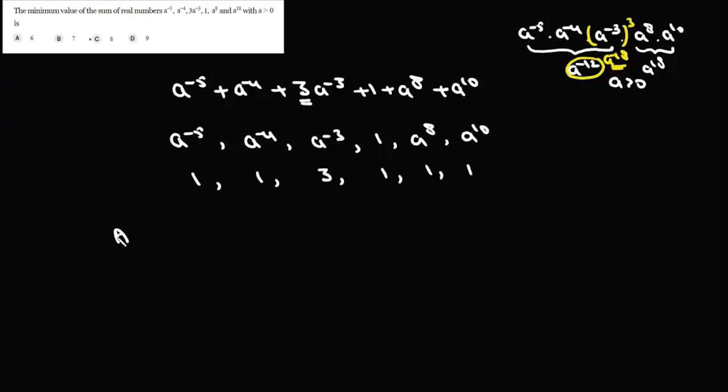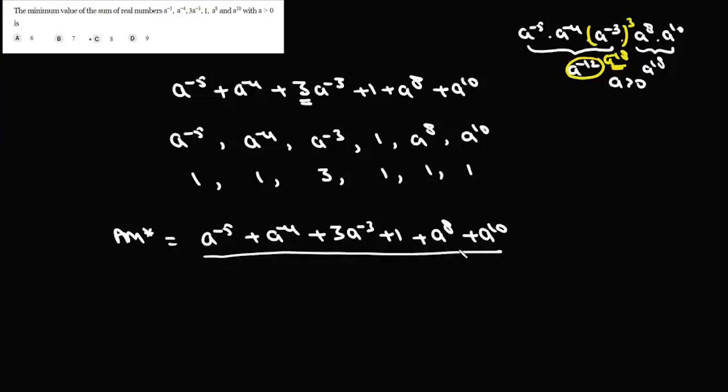And if we write their weighted AM, it will be a to the power minus 5 plus a to the power minus 4 plus 3 a to the power minus 3 plus 1 plus a to the power 8 plus a to the power 10, whole divided by, now this is 3 plus 3, 6 plus 2, 8.